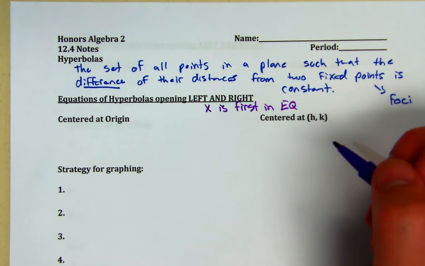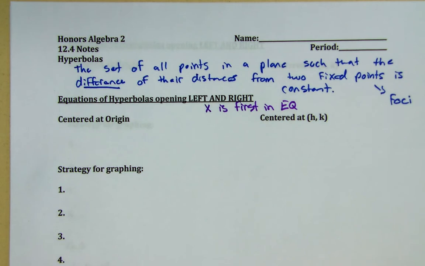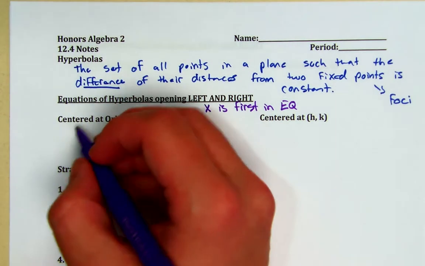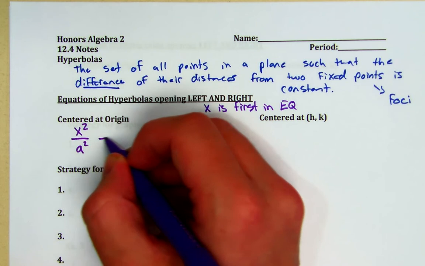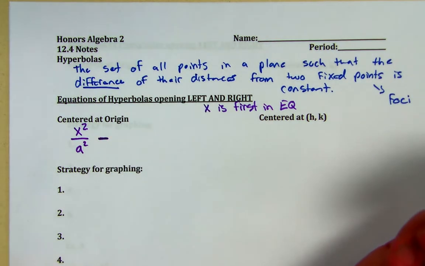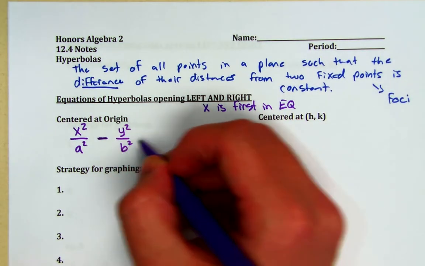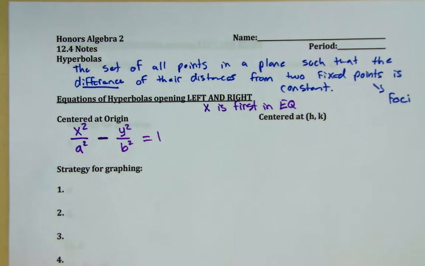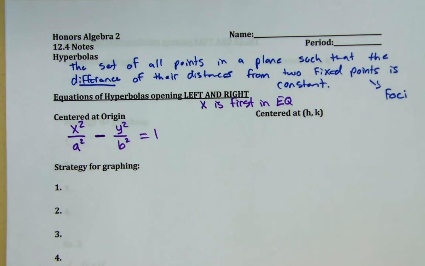So first, centered at origin, it looks like x squared over a squared minus, so instead of plus like the ellipse, we're subtracting, y squared over b squared equals 1. We're going to go through some steps, then an example, and then talk about centered at (h, k).